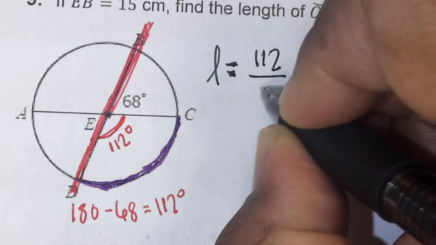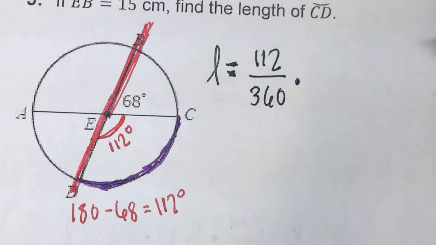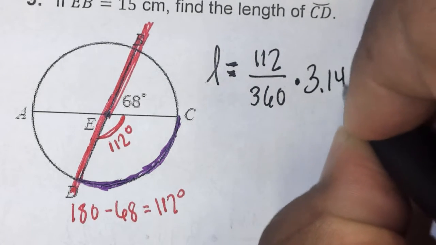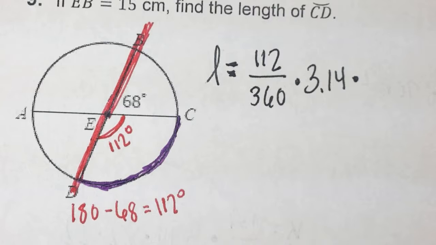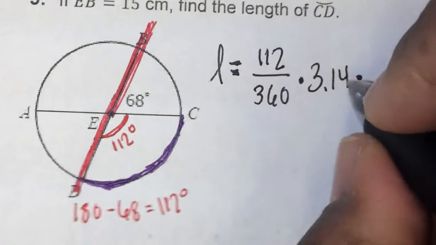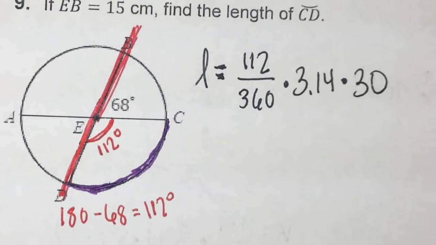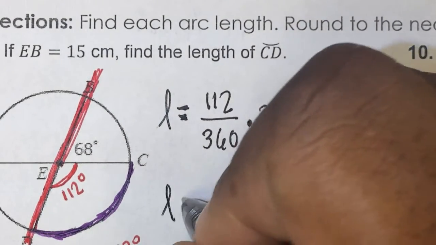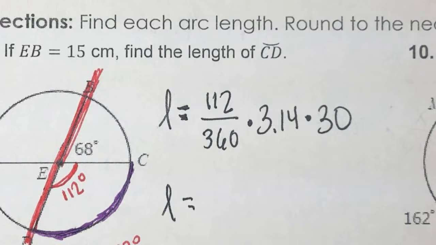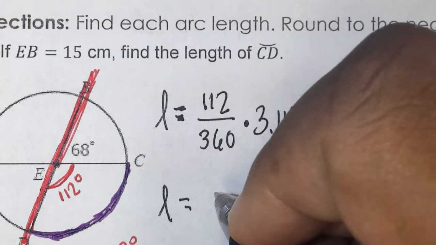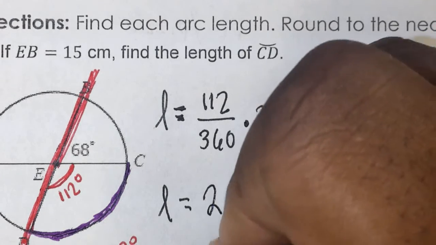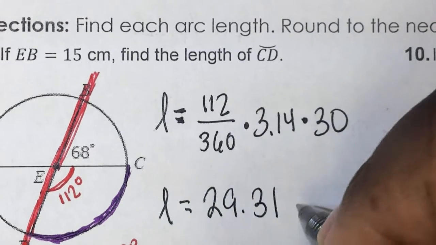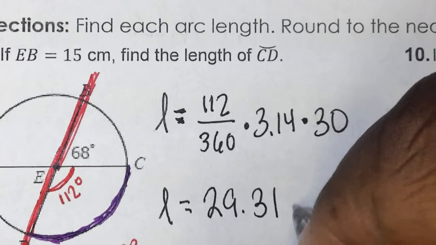So 112 over 360 times 3.14 times, what's the diameter? 30. 29. 31.